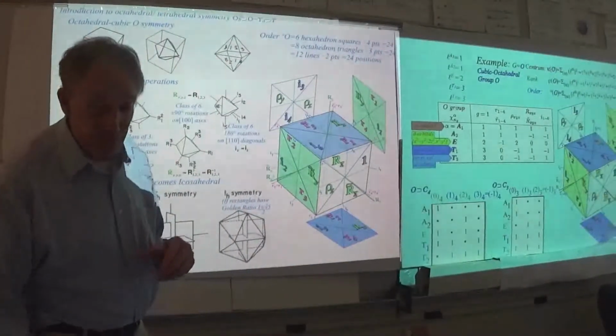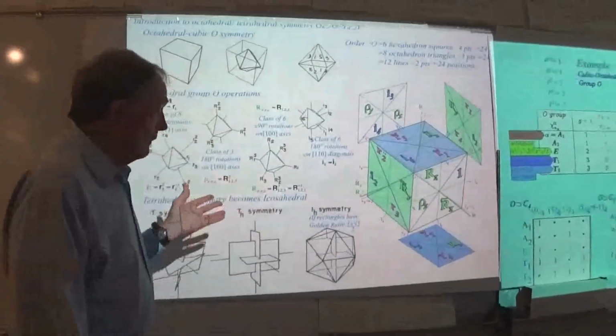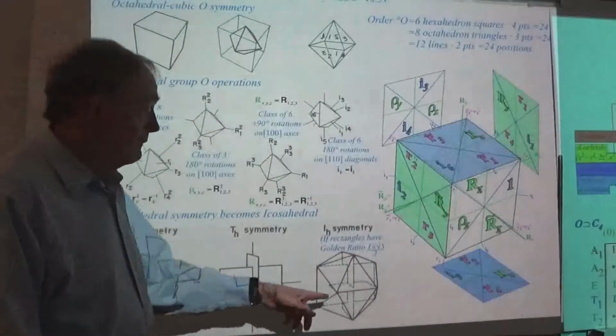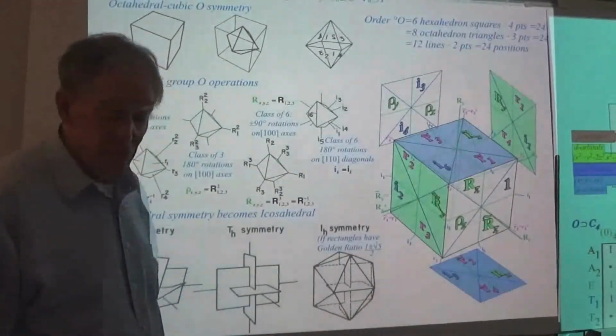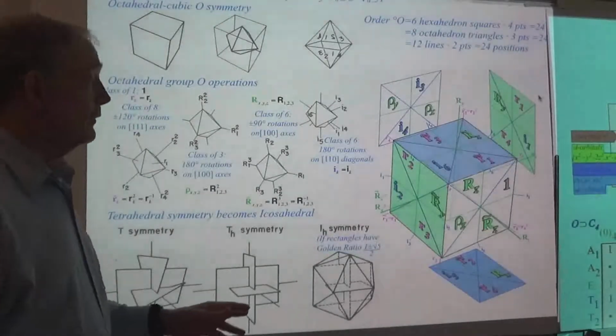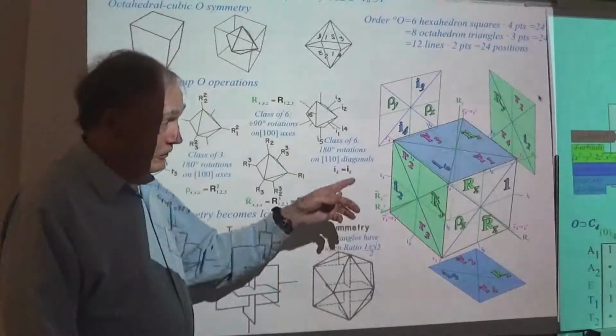So just recall the very basic structure of this group, and the one, of course, that we're most interested in for future work is the icosahedral symmetry. So it's a giant compared to this.